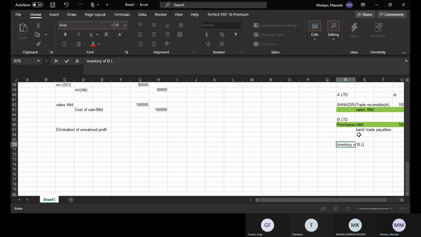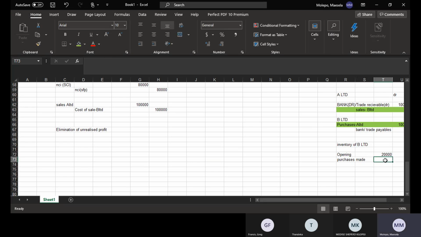We have an opening of 20,000. If the opening inventory is 20,000, then there were purchases made during the year, which is now 100,000.